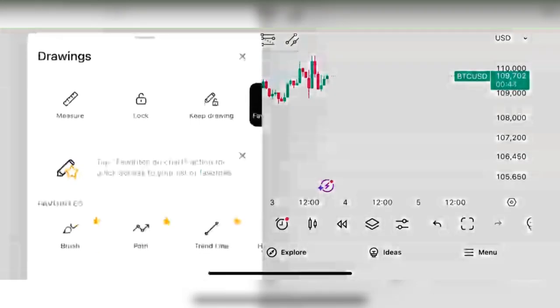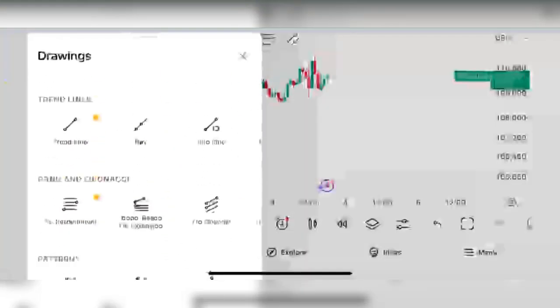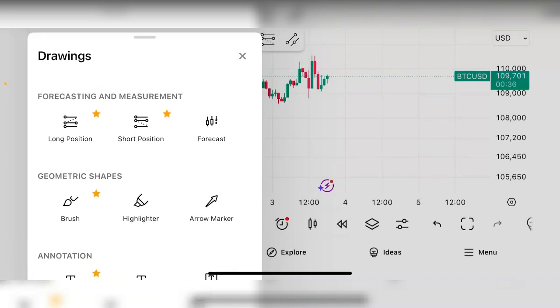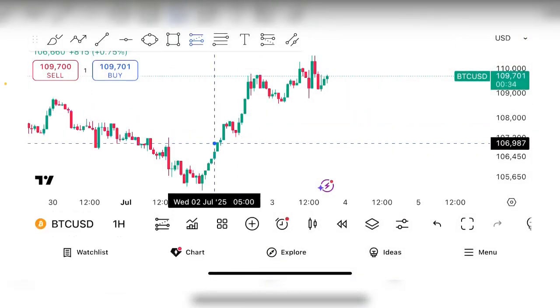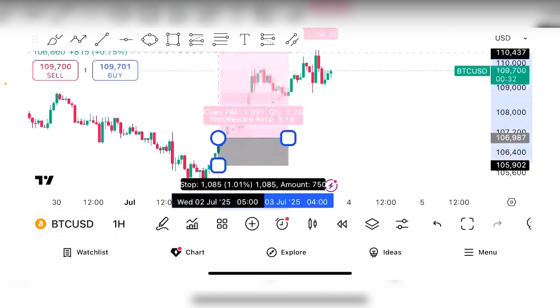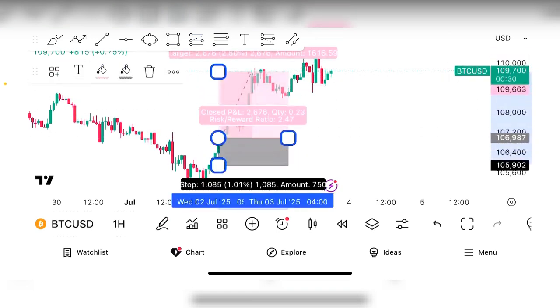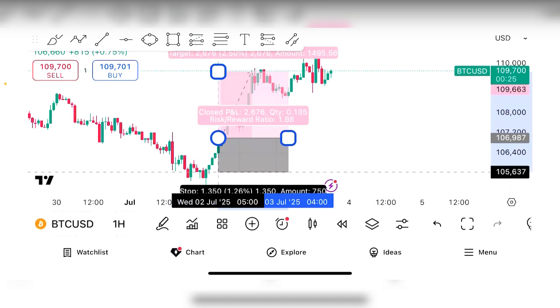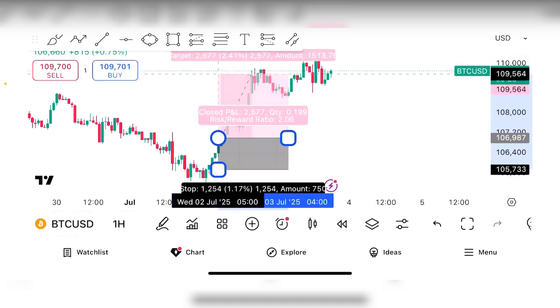Add it to your favorite as well. The long and short tool. The long and short tool is what you use in marking out your risk reward ratio. The downside for the long is your stop loss. That place should be a lot lower compared to the red side.